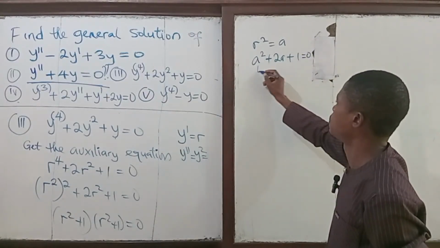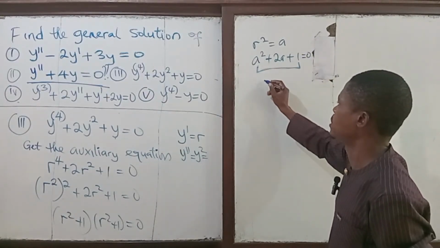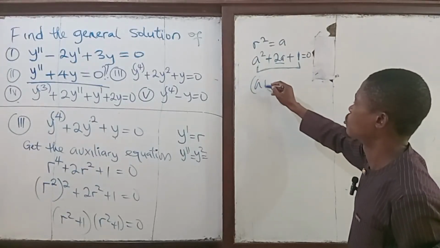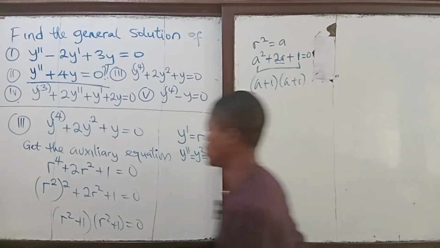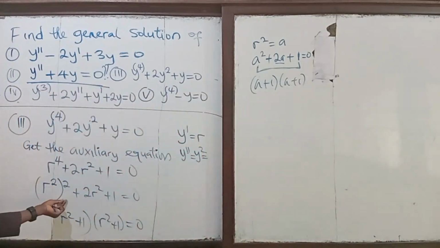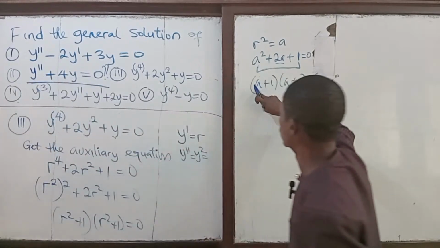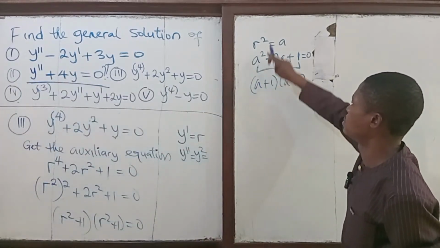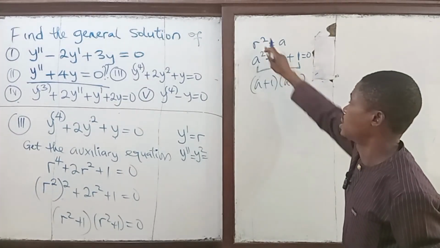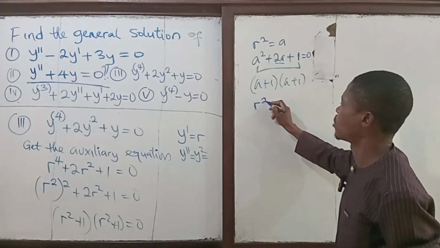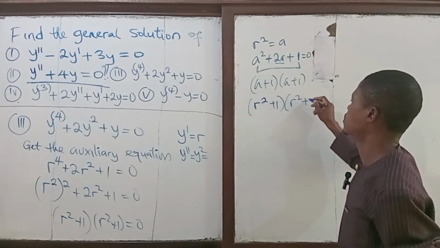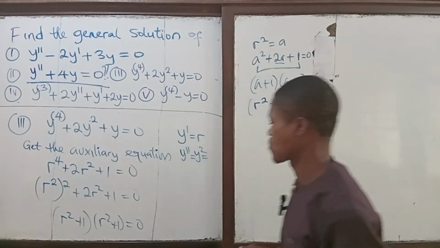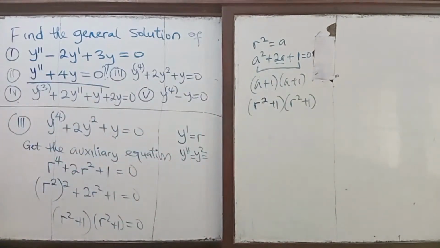This is already a perfect square, so that will be a plus 1 times a plus 1. Okay, so if this one is r squared, your a is r squared. You can replace that, that will be r squared plus 1. Replace the a, and then you have this. That's simple as that.